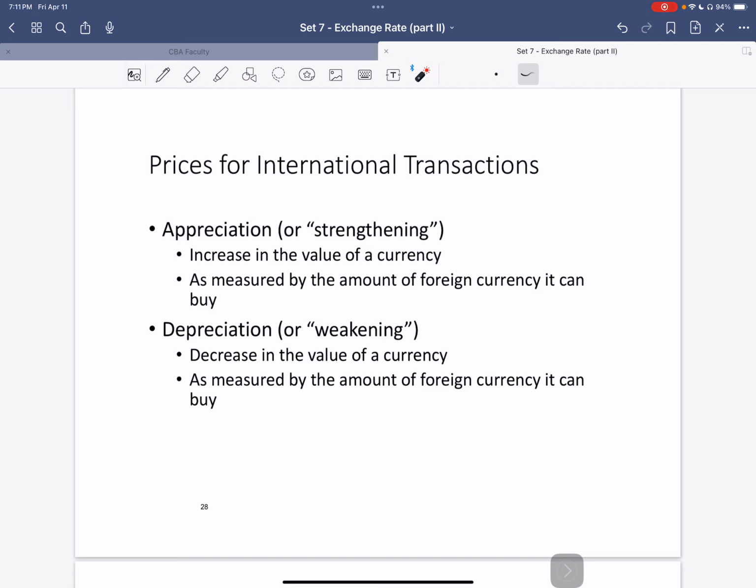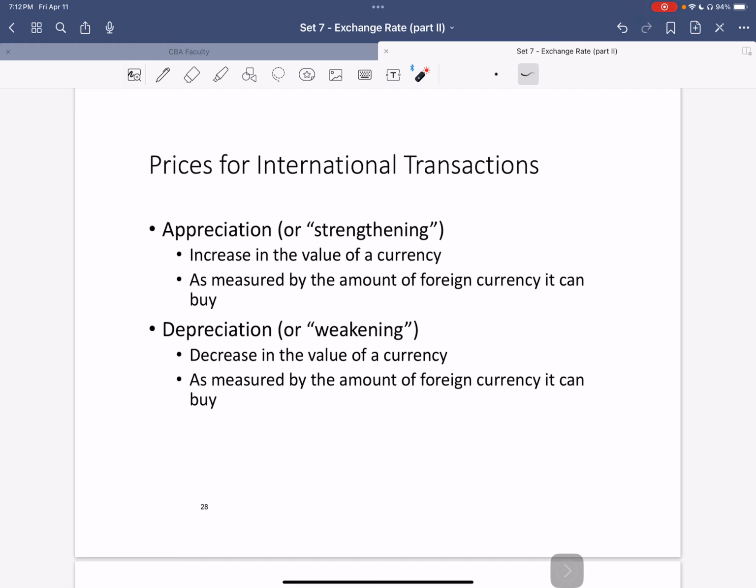If that amount has increased, that is appreciation, a strengthened currency. But depreciation means that there is a drop in the value of a currency. For example, if the euro has depreciated, it means that there is a decrease in its value as measured by the amount of foreign currency it can buy. How many units of dollar it can buy.